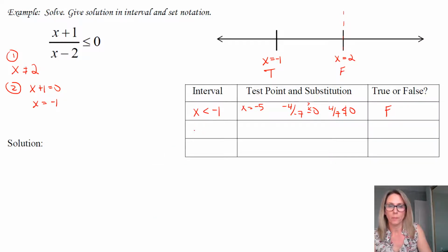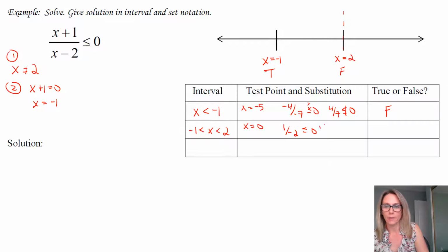Then we want to pick something between -1 and 2. A common test would be 0. The numerator is 1. The denominator is -2 if we plug in 0. And we can see that, yes, -1/2 is in fact less than or equal to 0. So that is going to be a true interval.